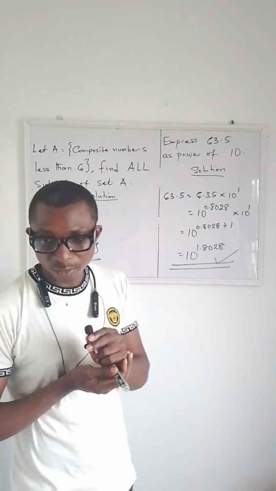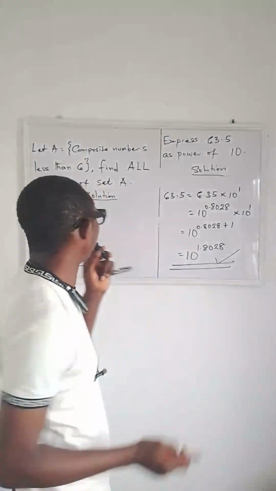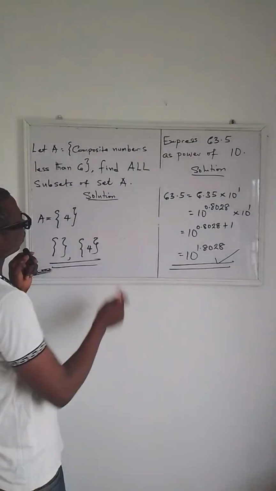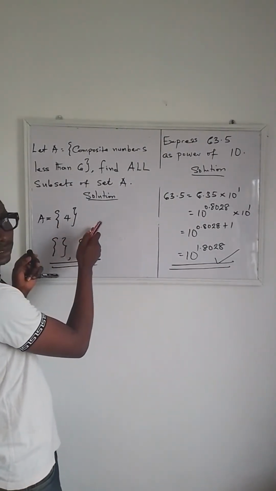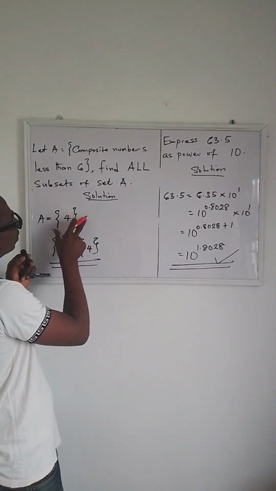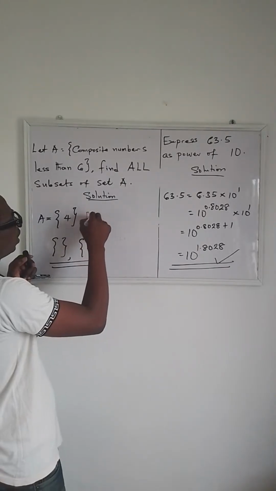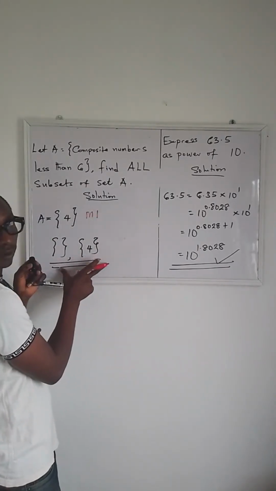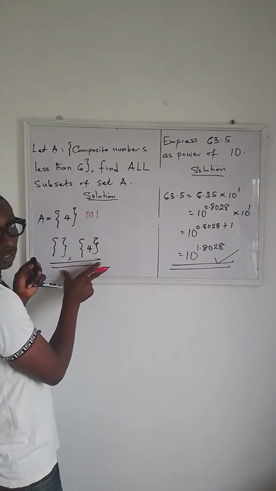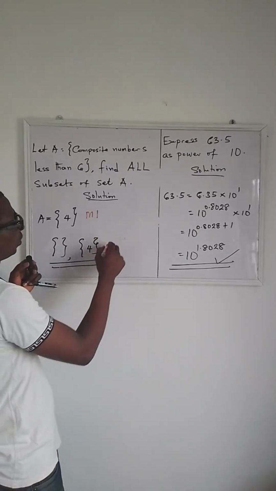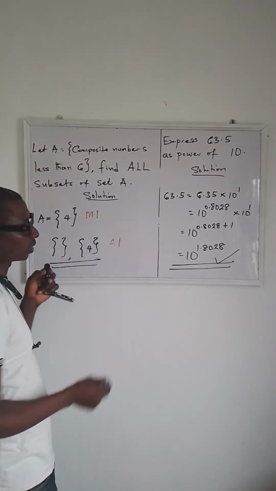So how do we award marks? For listing members of set A, you have M1. And for getting all subsets of set A, we have A1, just 2 marks.